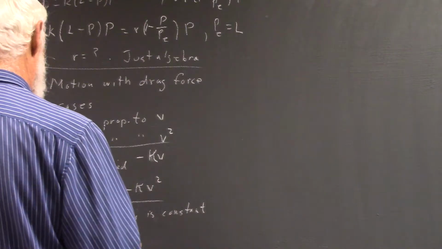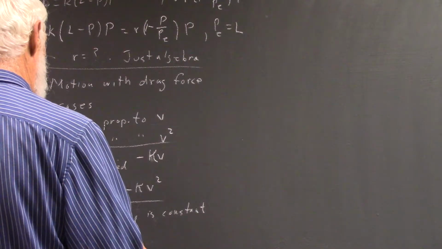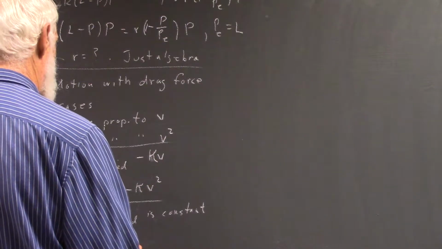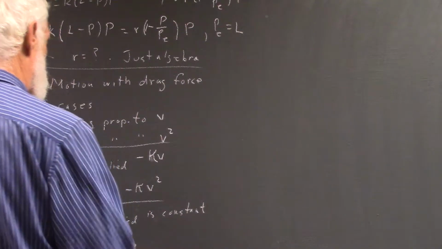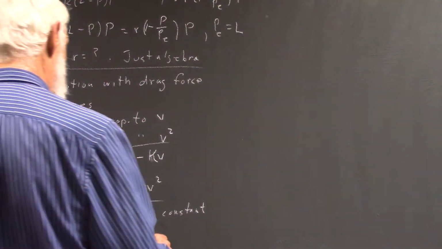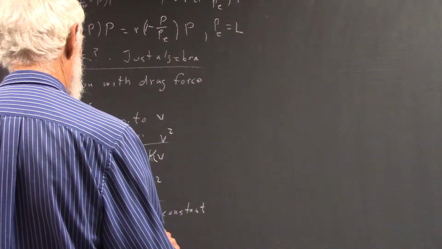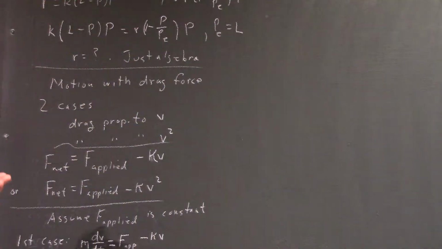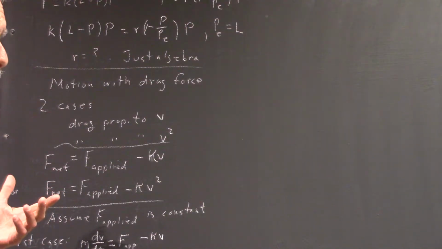And this equals, I'll just abbreviate applied as F app, minus kappa V. So how are you going to solve that equation?